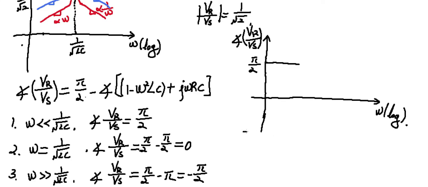And for very high frequency, the phase is minus pi over 2. So, and the boundary is, again, the resonance frequency. And at the resonance frequency, the phase is 0. Across the resonance frequency, there will be a transition region from positive pi over 2 to negative pi over 2.